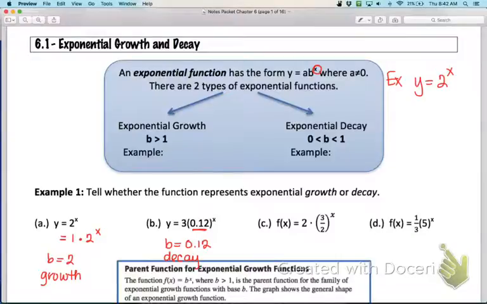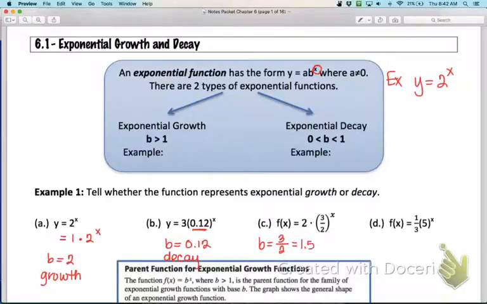Take just a second to think about C and D and decide what you think the answer is going to be for each of those, growth or decay. Don't get in the habit of just looking for fractions, because in this case, b is 3 over 2, which is 1.5.